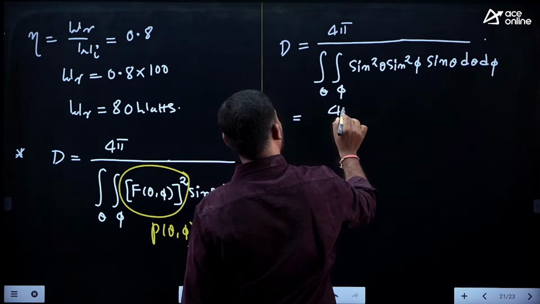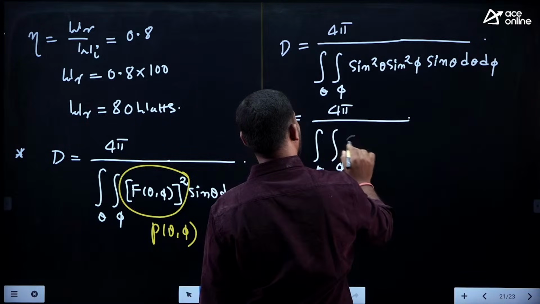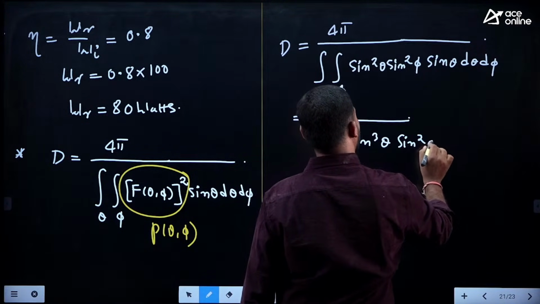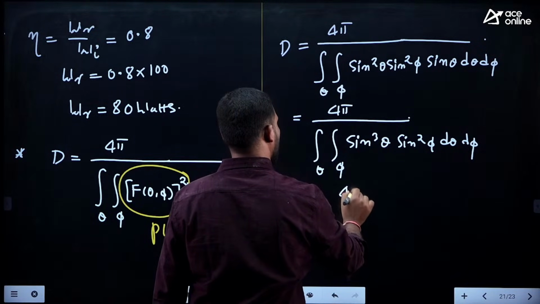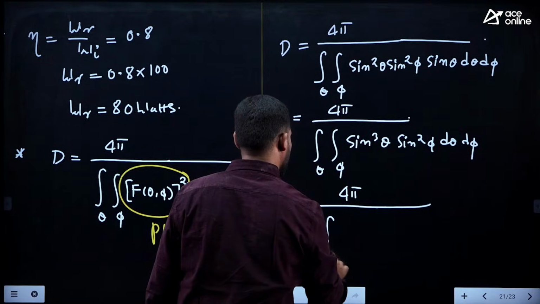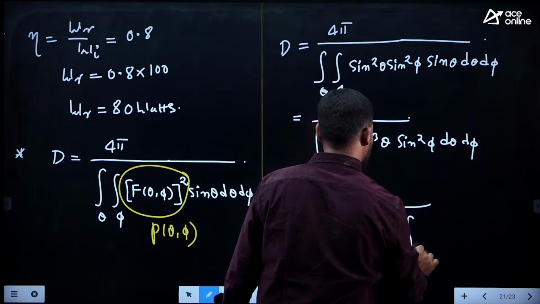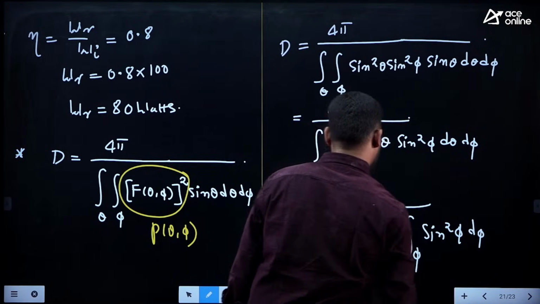So it is sin cube theta sin square phi d theta d phi. Separate out the variables here. So it is 4 pi divided by the integral of sin cube theta d theta times the integral of sin square phi d phi.